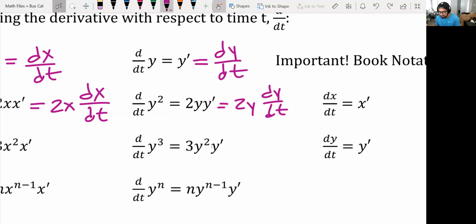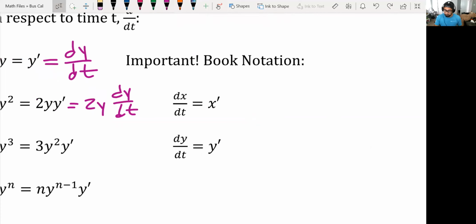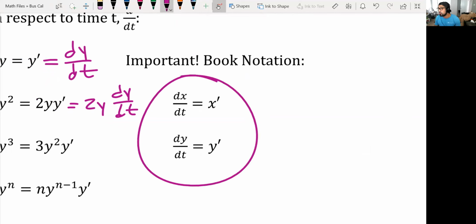Now, I may be sounding like a crazy man with all these notations. Just like I wrote it over there, if you see dx over dt, just know that it's x prime. If you see dy over dt, just know that's y prime.